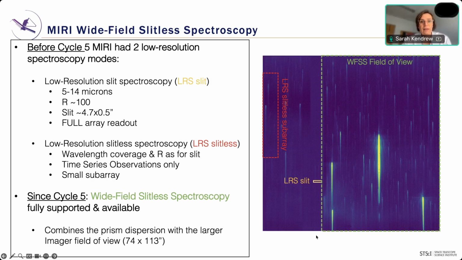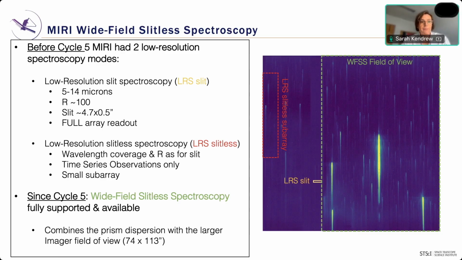I've indicated a little diagram of the imager focal plane showing the location of the slit. And we also have a slitless mode, which specifically targets time series observations, so transiting exoplanet systems and other types of time variable targets.